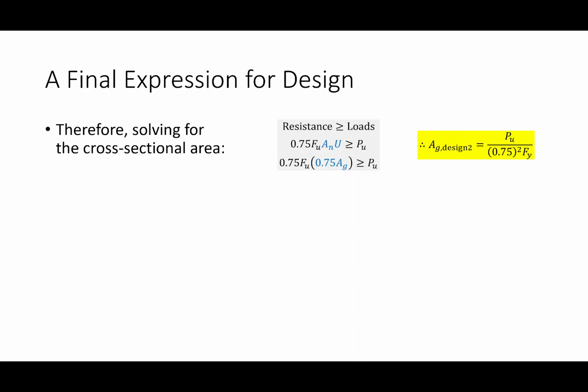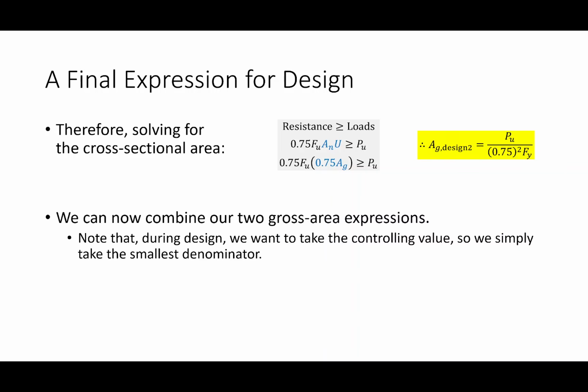So if you look at this fraction, why is there a 0.75 squared? Well, one of those 0.75s comes from the phi value. The other one comes from the assumption for the relationship between gross area and effective net area. Okay? Does that make sense? Again, it's a guess. It's an educated guess, but it's a guess.